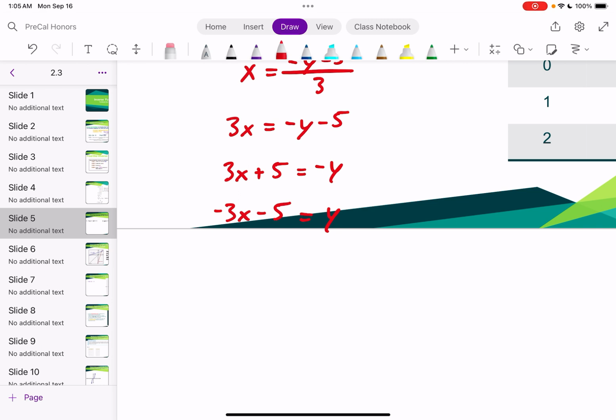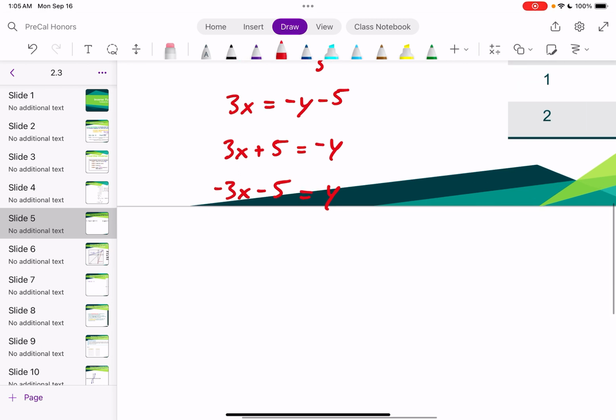We're going to go ahead and replace it with our negative 1 on the exponent of the g of x. And this would be our final answer.